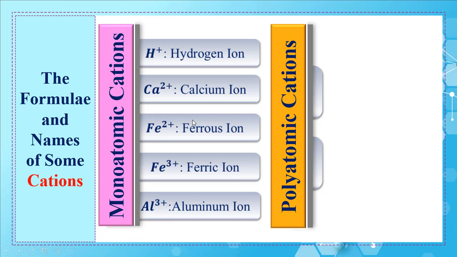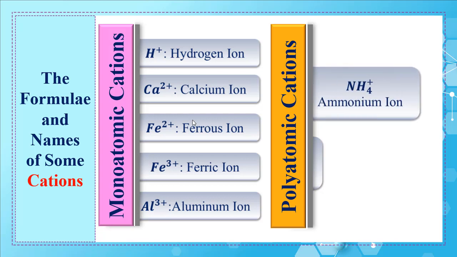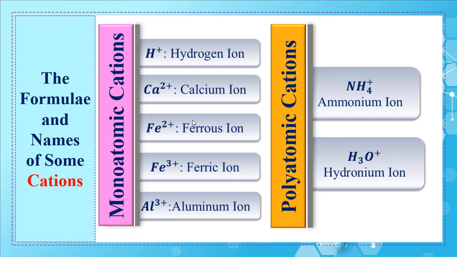On the other hand, we will mention two polyatomic cations, ammonium ion NH4+, and hydronium ion H3O+. You can see that these ions, which are positively charged, so they are cations, contain more than one atom in their formula, therefore they are polyatomic cations.